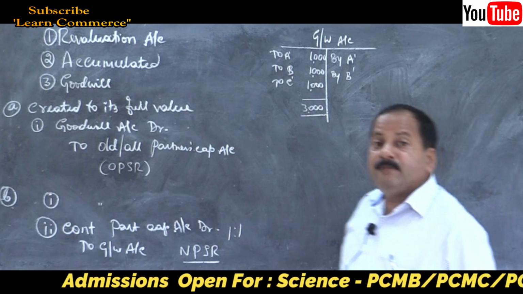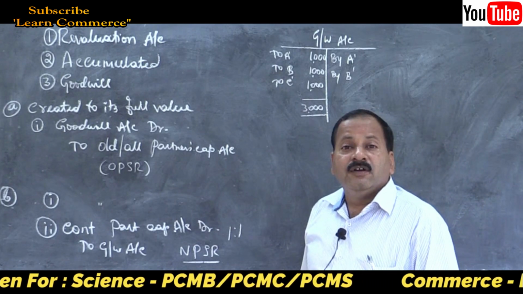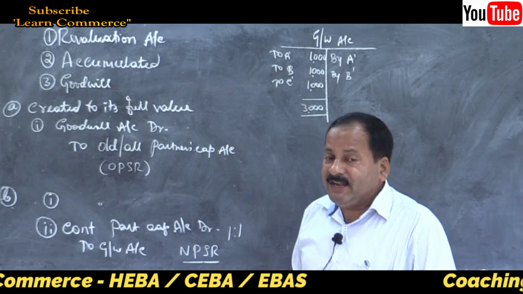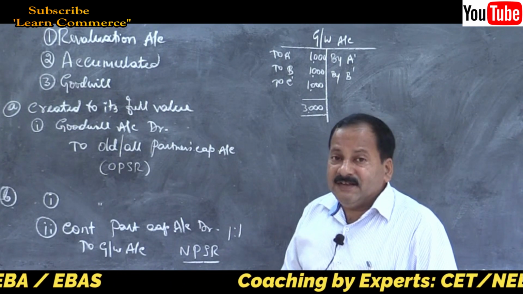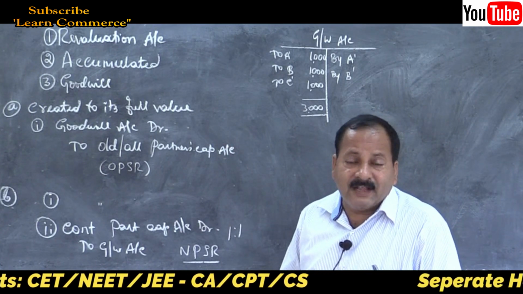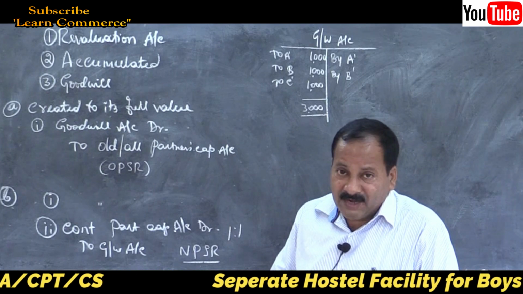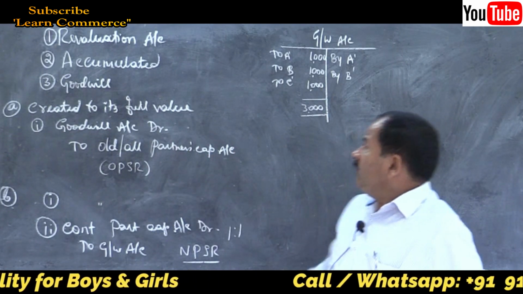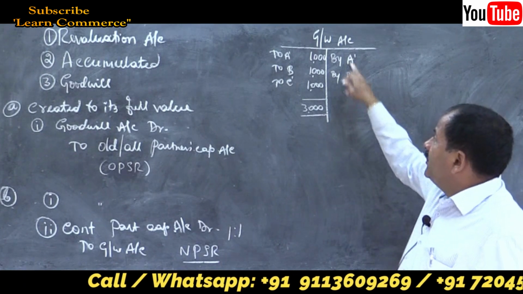In case of admission of a partner, for writing off the goodwill, fourth method, we used to pass the entry all partners' capital account debtor to goodwill account, including the new partner, in their new profit sharing ratio. Here, continuing partners' capital account debtor to goodwill account.